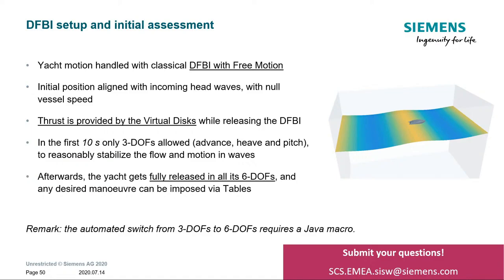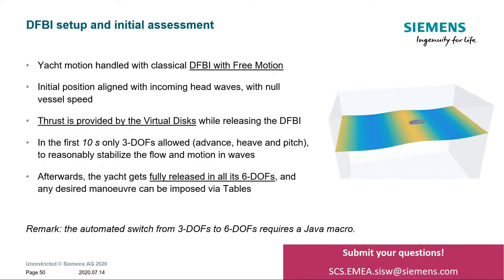Just one non-standard setup is that I opted here to reduce the number of degrees of freedom in the first 10 seconds of the simulation, in order to reasonably stabilize the flow and the motion in the waves. So I apply the thrust, and then for the first 10 seconds I just allow the boat to advance, heave and pitch.